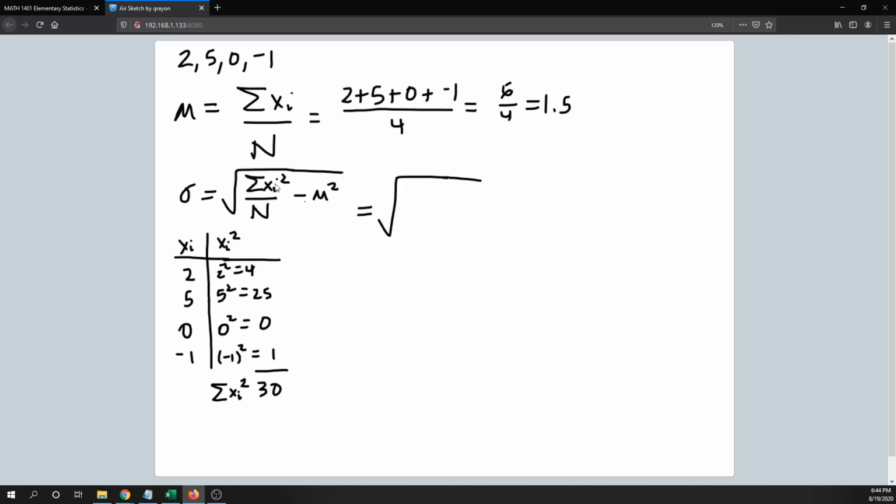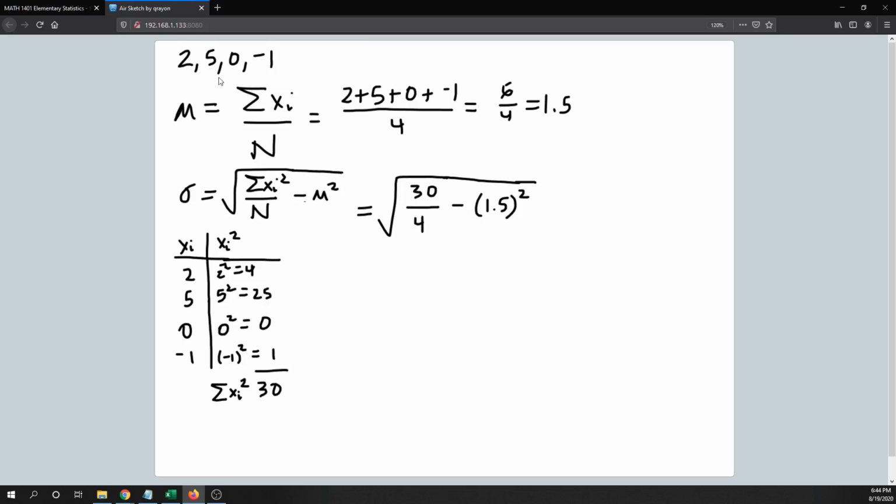So the sum of the x sub i squared is 30. The size of the population is 1, 2, 3, 4. And the population mean, mu, is 1.5. Okay.